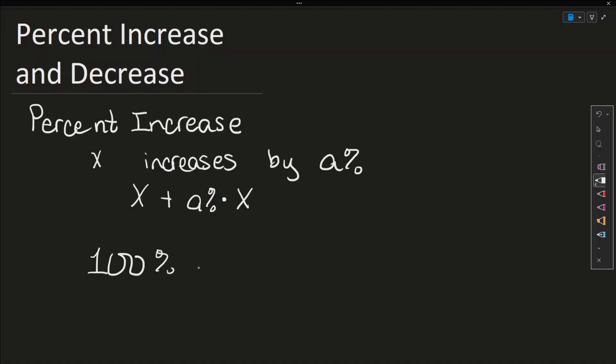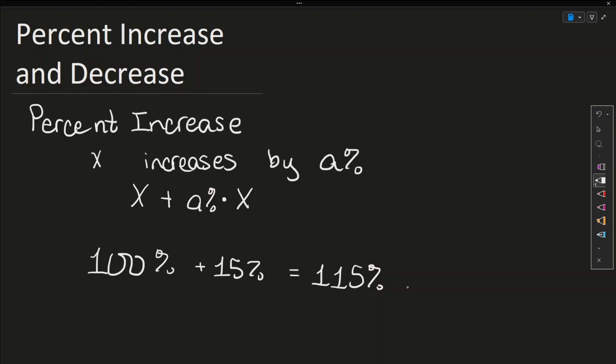So if we want to increase by 15%, we just add 15% more to get 115% of what we started with. For example, if a price increases by 15%, the new price is not just 15% of the old price. It is the original 100% plus another 15%.